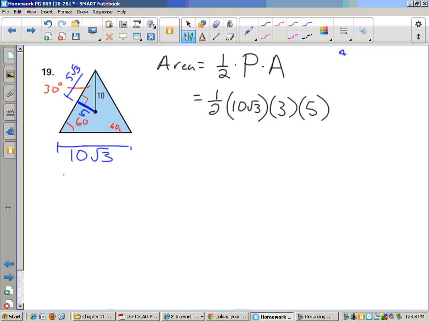What are you going to take half of? The 10, which is 5. That's going to be 5 times 5, which is 25, times 3. 75 root 3 units squared.